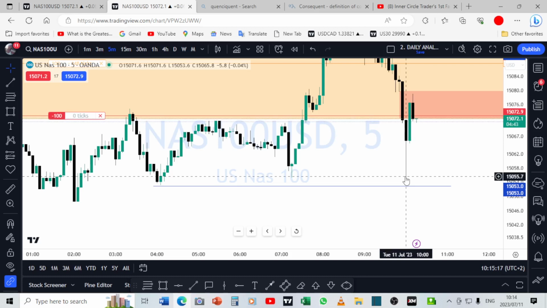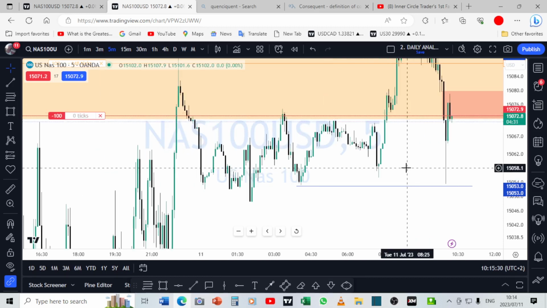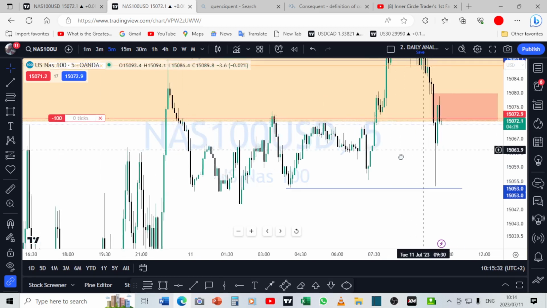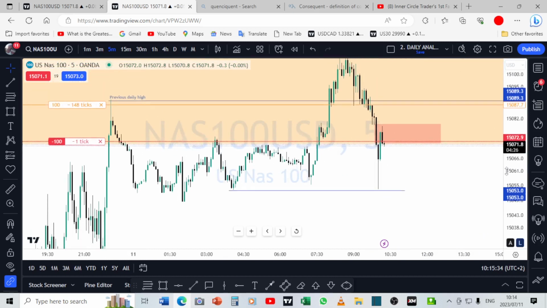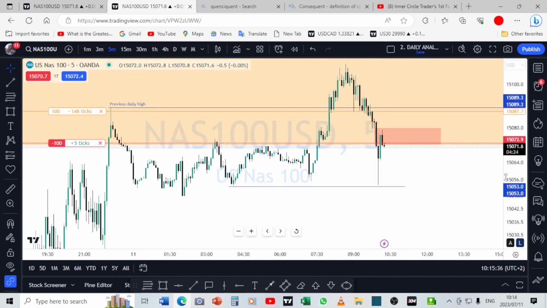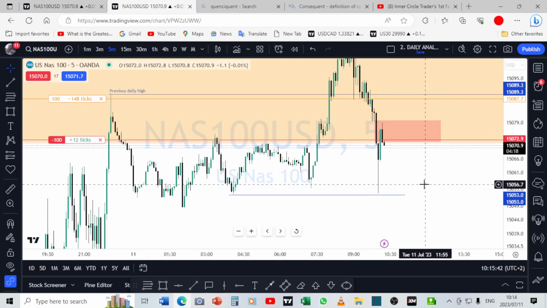But the price can just consolidate, wait until 11 past 11, until the silver bullet time. It's, how can I put this? It's absorbed, I think, then the entry can come.